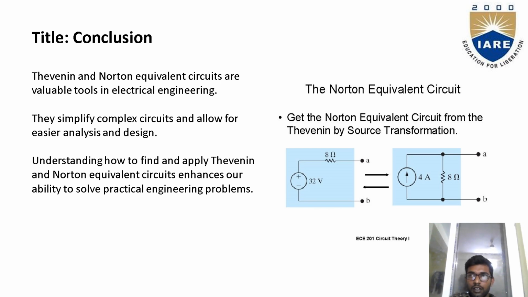And we have seen that in Norton's equivalent circuit, the connections are in parallel: current, resistance and load are connected in parallel. And in Thevenin's, these three components are connected in series. This is the main difference we have seen in the two equivalent circuits.